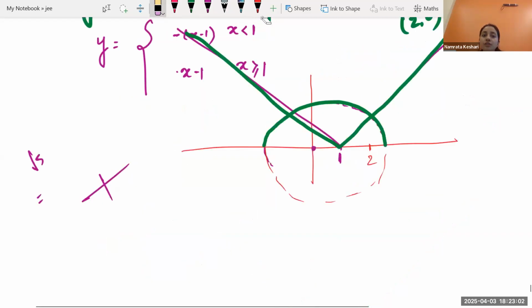Which one is not the region? Okay, this is not the region. Getting it? Yes, ma'am. Similarly, the other one I believe will also not be the region. The area bounded will be this region.